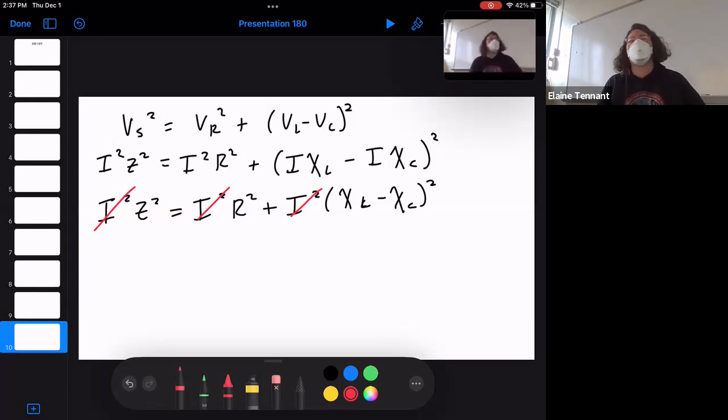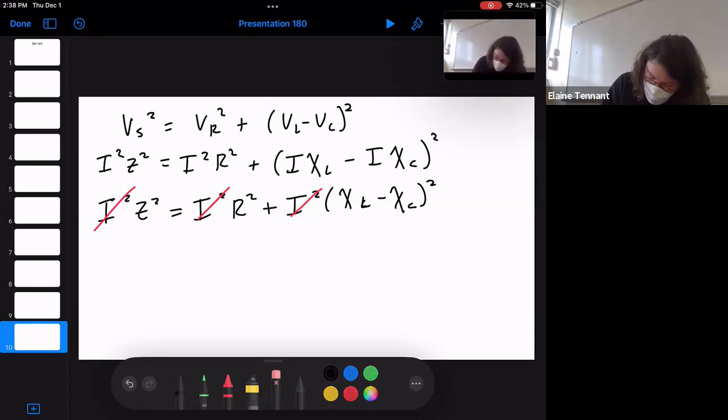I think I wrote it down with everything being a max value, but you can write it down with it being an RMS value, right? Because the way to get back and forth between RMS and maximum values is just divide or multiply by root 2. And so you can have Vmax equals Imax times something, or you can have VRMS equals IRMS times something. But to get back and forth, you're multiplying them by the same root 2, so it doesn't really matter. Sound okay? Okay, cool. Which is why I stopped writing subscripts, because I don't like writing subscripts.